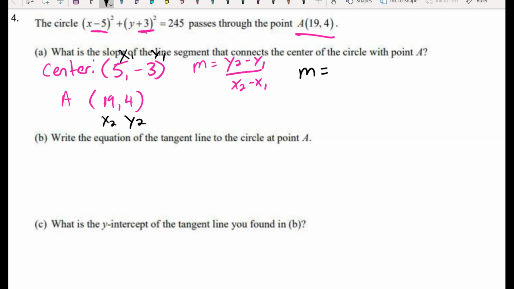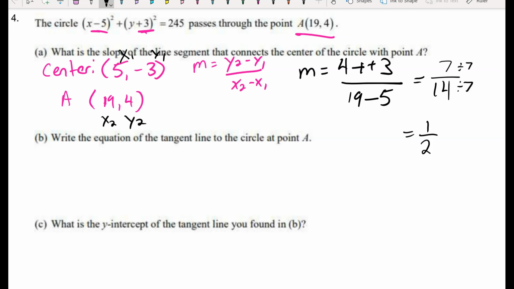So if I plug into the formula, y2 minus y1, that's going to become plus when I subtract the negative 3, over x2 minus x1. 4 plus 3 is 7, 19 minus 5 is 14, and if I divide the top and bottom by 7 to reduce it, I find the slope of this radius is 1/2.